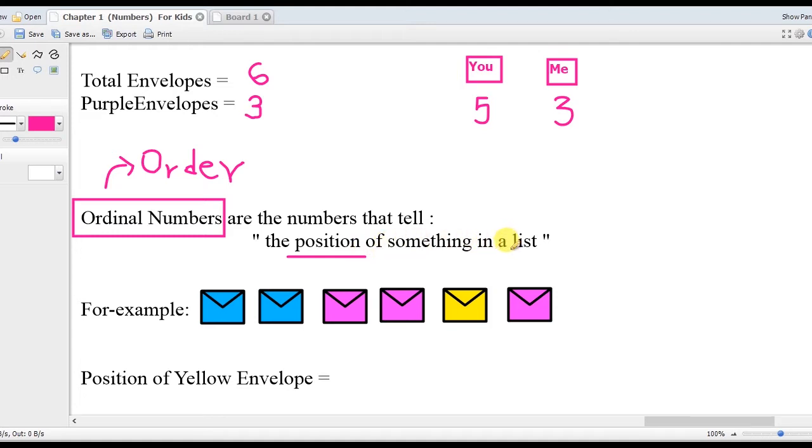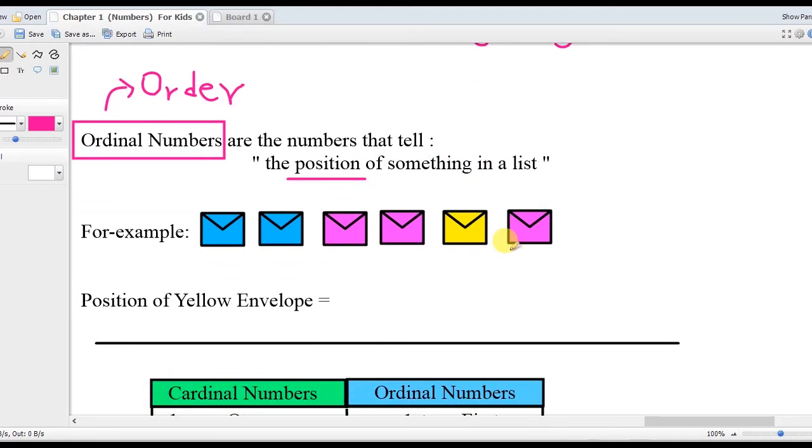Now let's take the same example that we took in the previous case. We have a number of different envelopes having different colors. If I ask you what the position of the yellow envelope is, you can count them: 1, 2, 3, 4, 5. Now if I say 5, that would be wrong. We always represent the position or order of something in ordinal numbers.